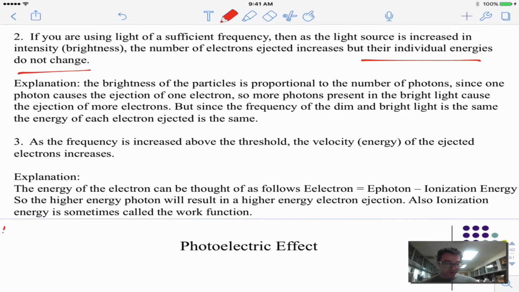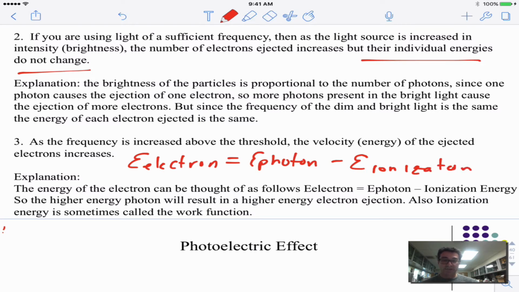Now, as we increase the frequency above the threshold frequency, we see that the electrons that are ejected will have more energy. You could almost think about this: the energy of the electron is equal to the energy of the photon minus the energy for ionization.